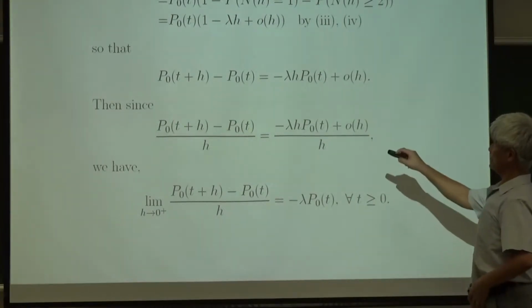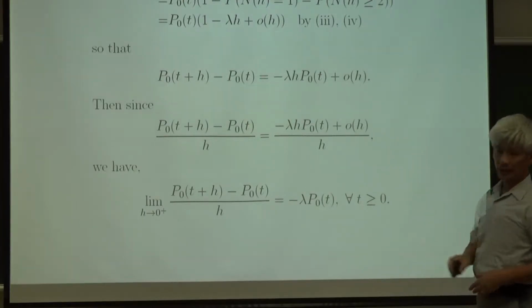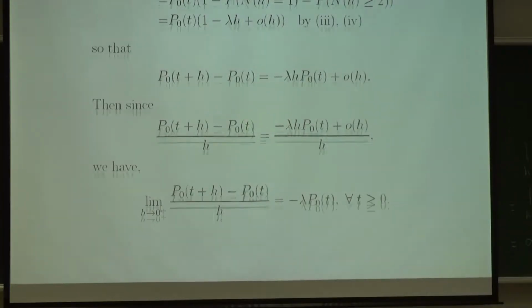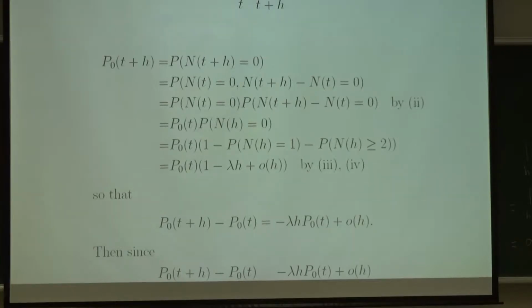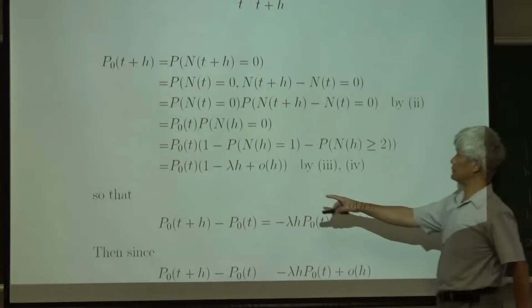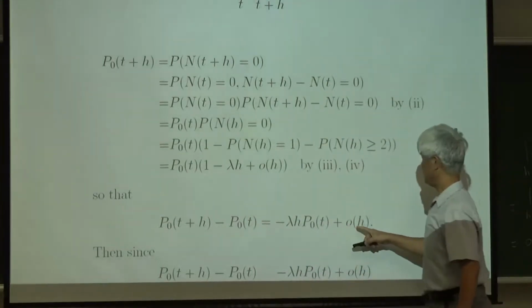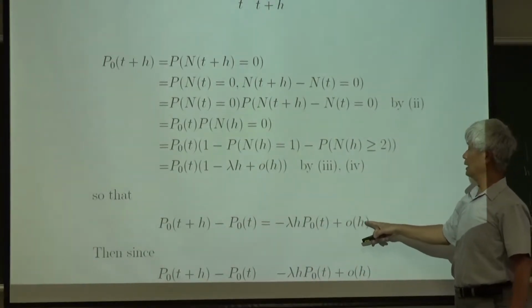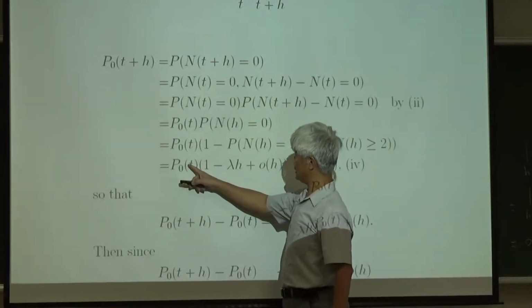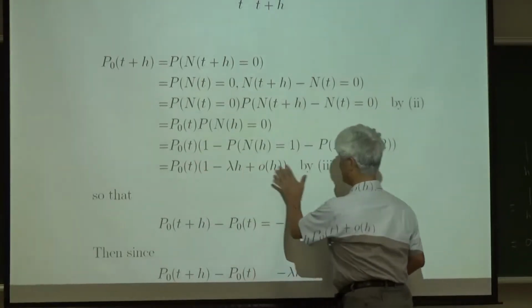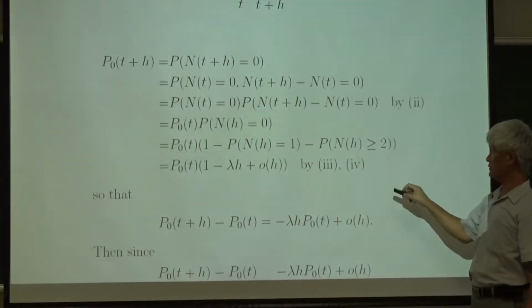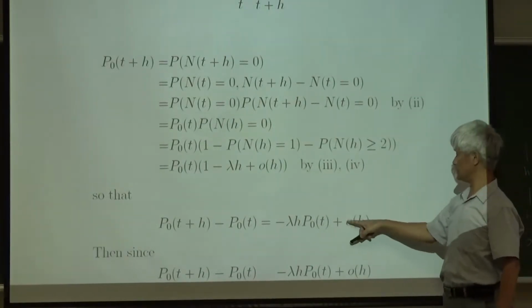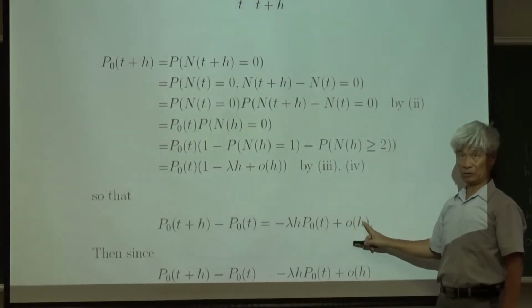Right? And so we take the difference, see here. So we take the difference, and the term is here. It's lambda h times P_0(t), okay, and little o(h). Because when t is fixed, this is a fixed number, so a fixed number times a little o function of h is also a little o function of h.